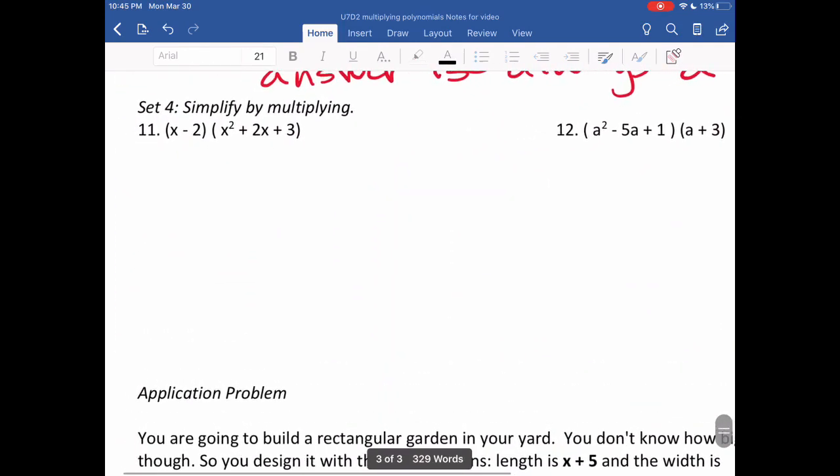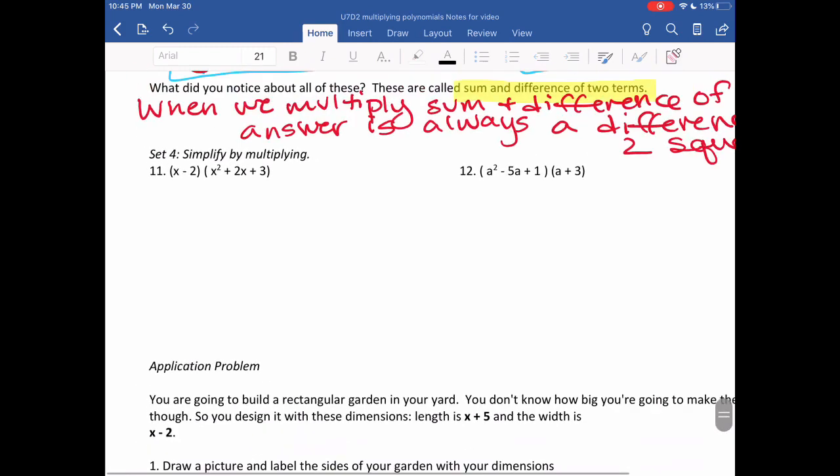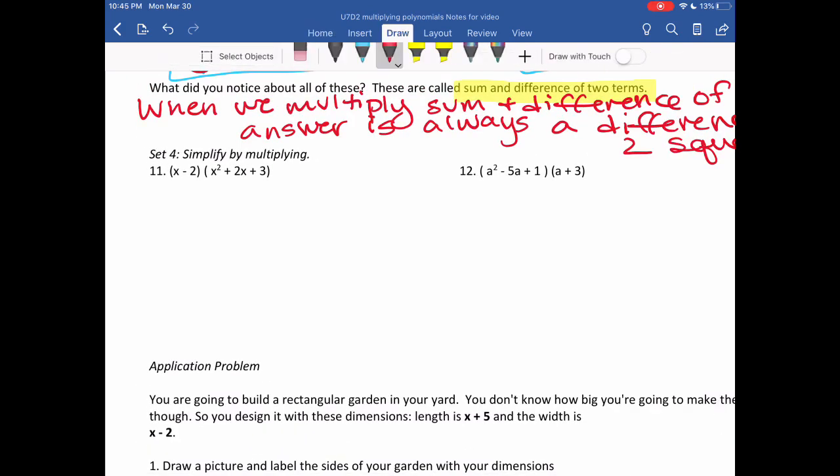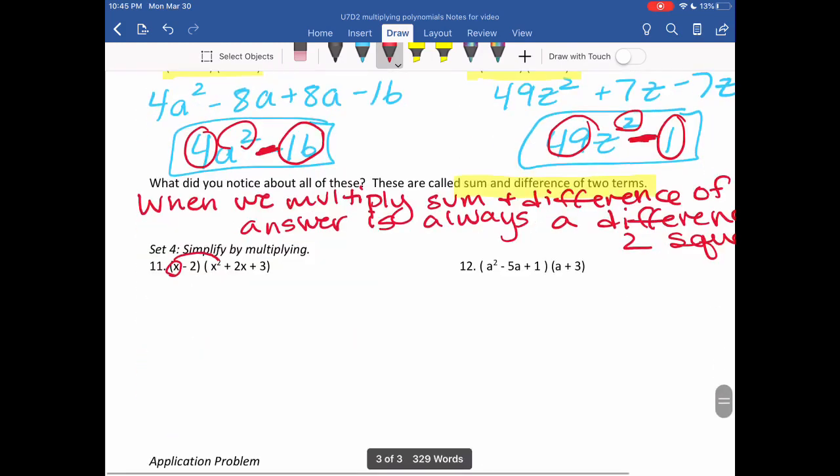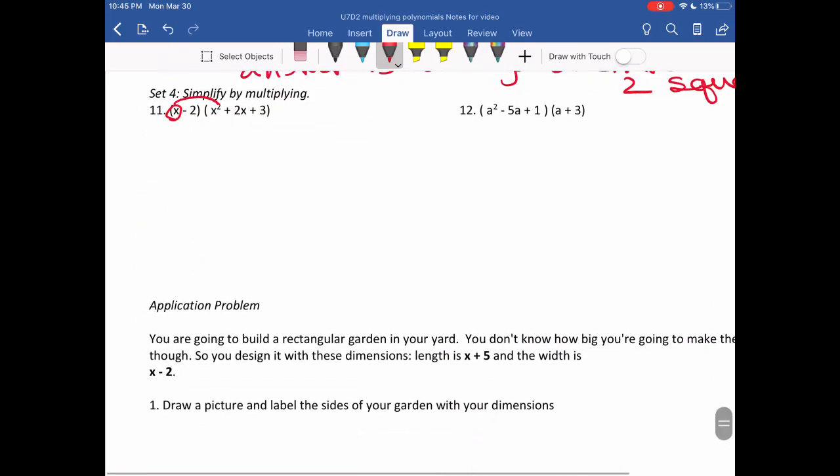Ready? Here we go. I'm going to take this first term, x, and I'm going to multiply it by every term in the other polynomial. So x times x squared is x cubed. X times 2x is 2x squared.